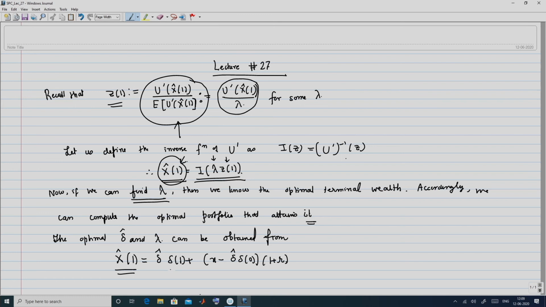Remember that x hat of 1 is delta hat times the stock price at time 1 plus x minus delta hat s naught, that is the investment in the bond grown by a factor of 1 plus r, and this, from this relation, must be equal to I, the inverse function, of lambda into z 1, and this is nothing but a system. Remember that z 1 has 2 values and s 1 has 2 values, and accordingly x 1 has 2 values. So, this gives us a system of 2 equations in 2 unknowns.